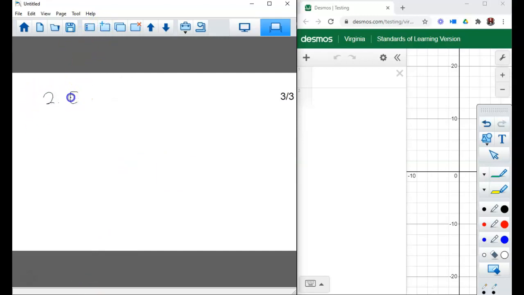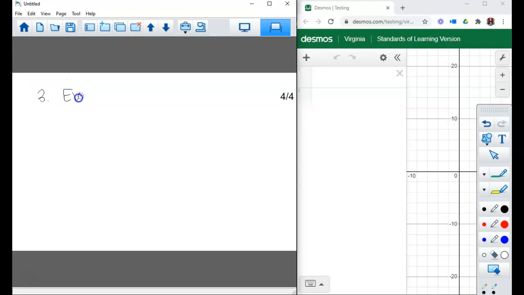If I said to you, evaluate 9 minus x if x is equal to 2, this says to take 9 and subtract whatever x is, so I'm just going to take 9 and subtract 2, which would be 7. So notice again there, nothing special I have to do. Just put a 2 where that x is and do the subtraction.